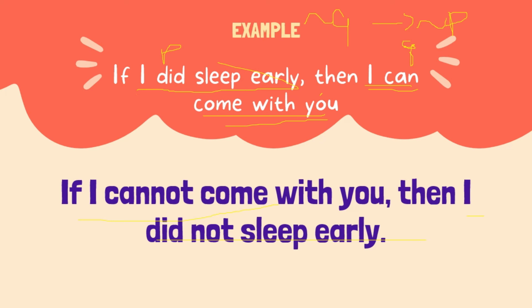And that makes sense kasi ang sabi niya doon sa original statement mo ay kung ako daw ay maagang matulog, then masasamahan kita. Ngayon, sa iyong contrapositive, ang sinabi mo na, kaya naman kung hindi kita masasamahan, ibig sabihin, hindi ako nakatulog ng maaga. Okay? So, that makes sense, right? So that's the converse, inverse, and contrapositive statements.